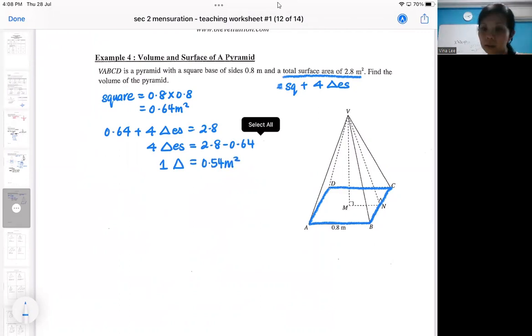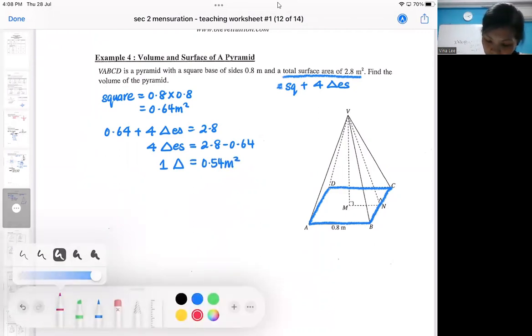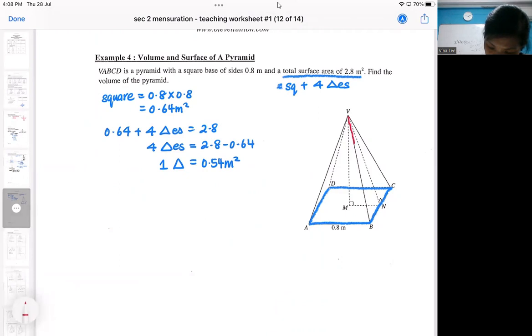So where is the triangle that we are talking about? Here, this piece. This piece has an area of 0.54. And the base is 0.8. So it actually helps me to find the height here.